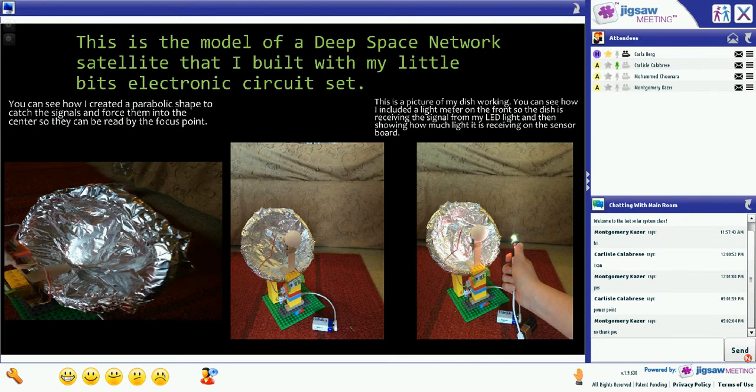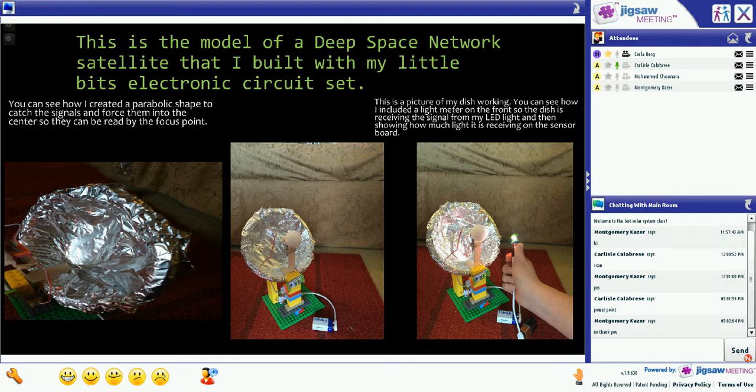To build a model of a satellite similar to those in the Deep Space Network. You can see how in the first picture I created a large parabolic shaped dish with a wide surface area, reflecting all the signals into the focus point. You can see in pictures 2 and 3 how the dish works by receiving the LED light and indicate how much light is received on the mirror located in front of the dish.